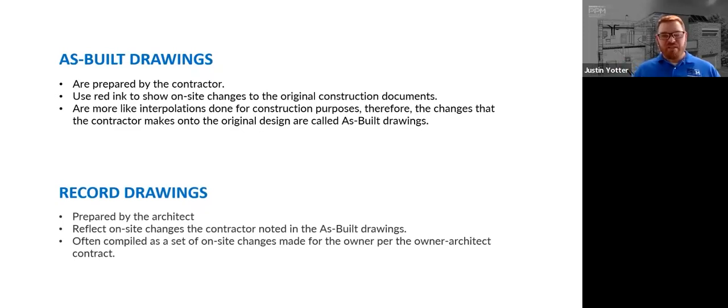This definition reads, prepared by the architect, reflect on-site changes the contractor noted in the as-built drawings, and often compiled as a set of on-site changes made for the owner per the owner-architect contract. This set is not always mandatory, but in general, some formal architectural services create these as one of the last tasks of a building project. And of course, everyone here takes the time to do this on every project, right?